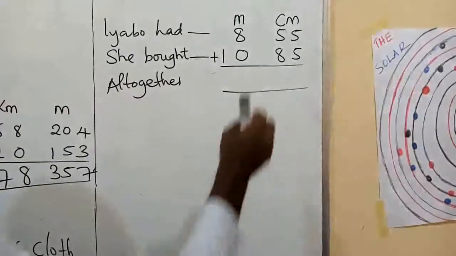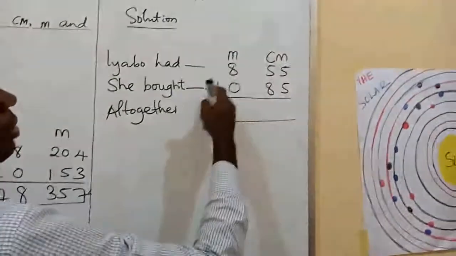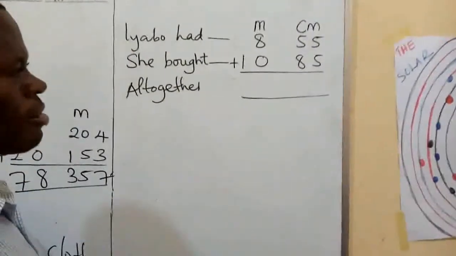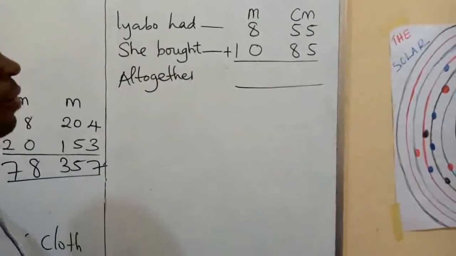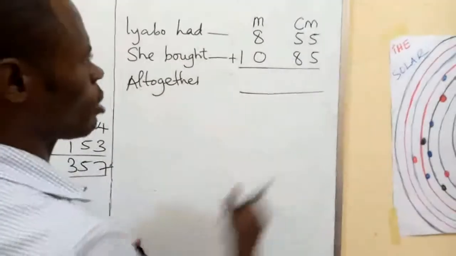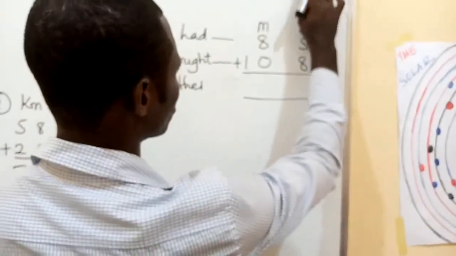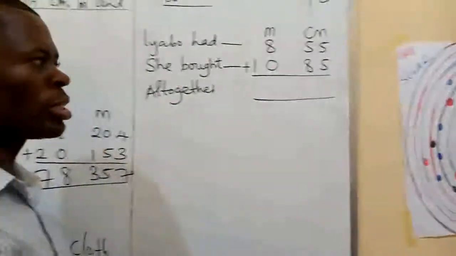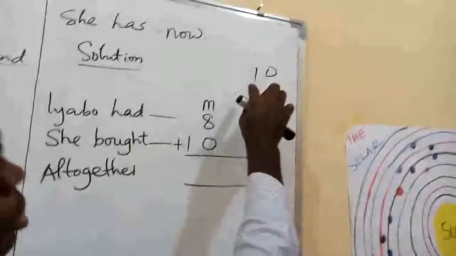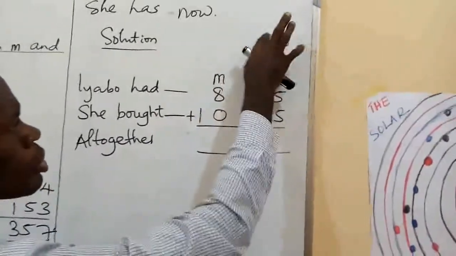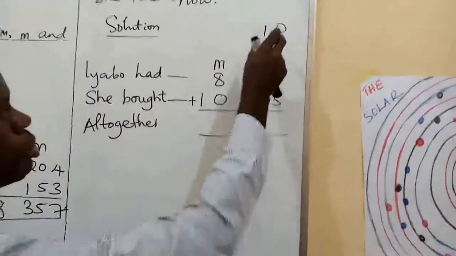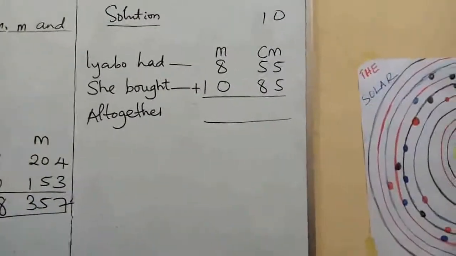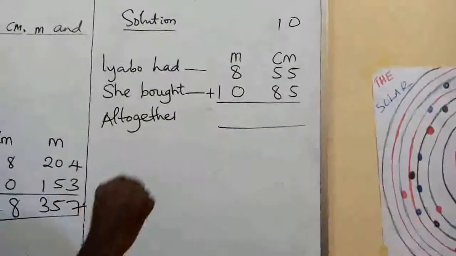Alright? So now, let's add 5 plus 5. Go to your rough work, count 5, count another 5, and then count them together. Your answer will be what? 10. Alright, I've always noticed that some pupils write 2-digit numbers under one column. It's wrong. So please take note of this.